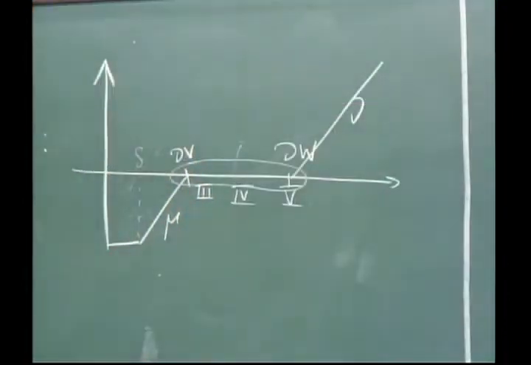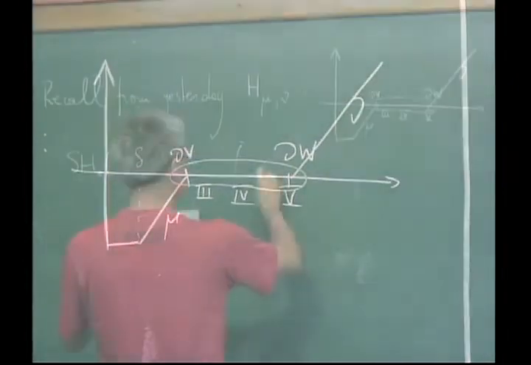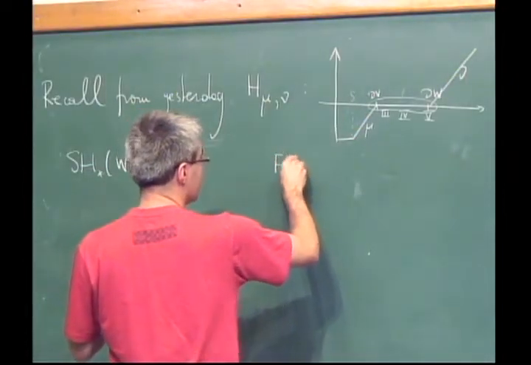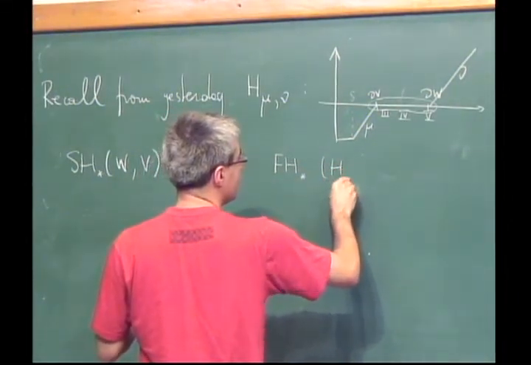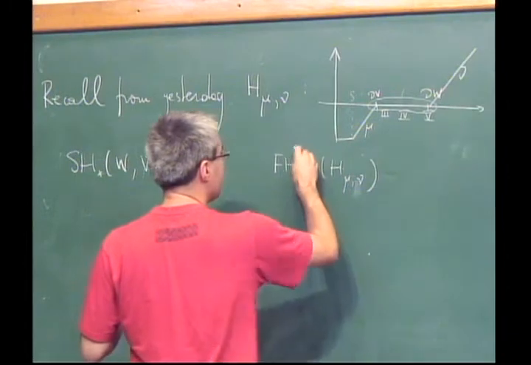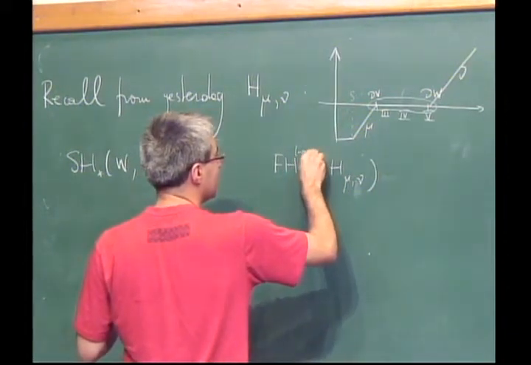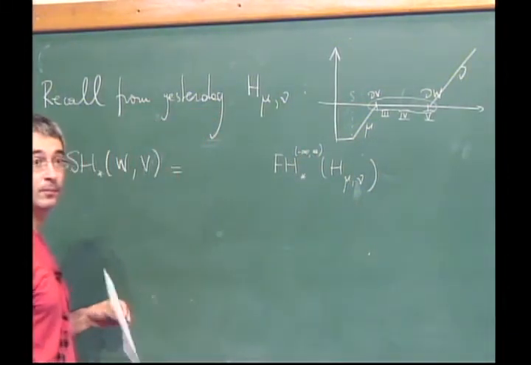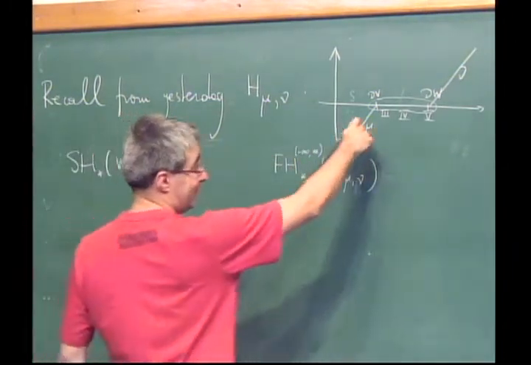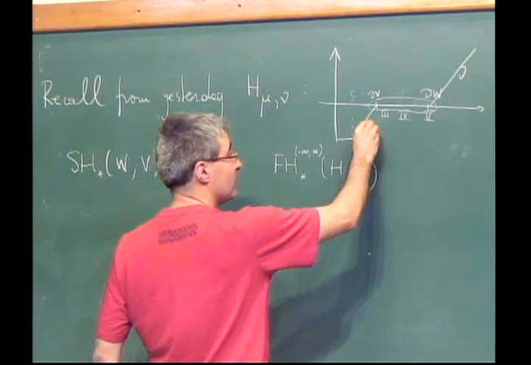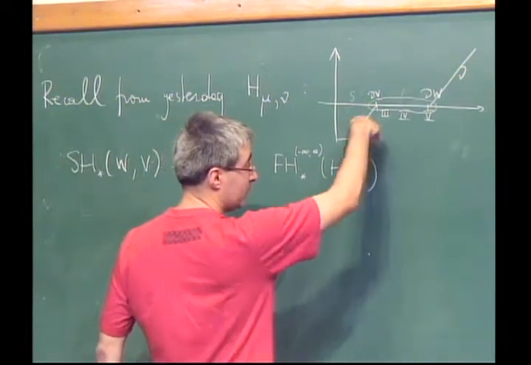So the way you can do that is by taking this Floer homology group for this Hamiltonian h mu nu and picking action truncated up to some finite value. You're going to let the slope mu go to infinity, so you have to think of this as going down.